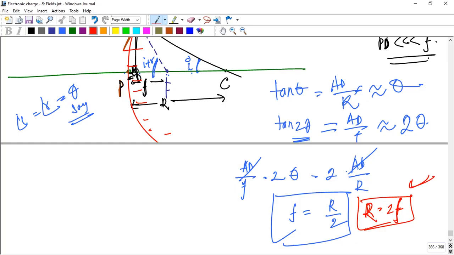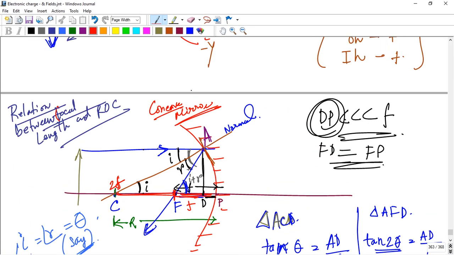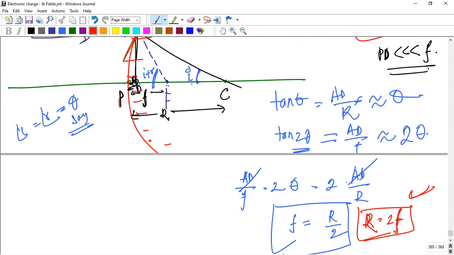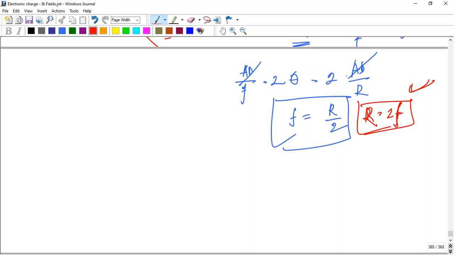This relation, focal length equals radius of curvature by 2, is valid for both concave and convex mirrors.